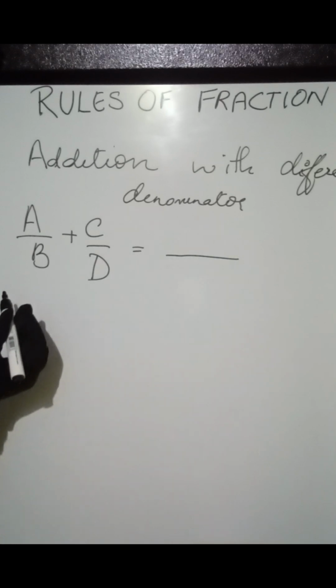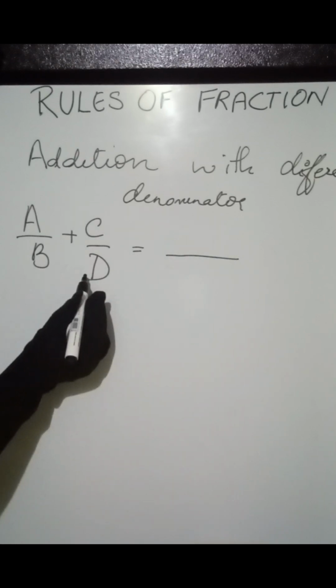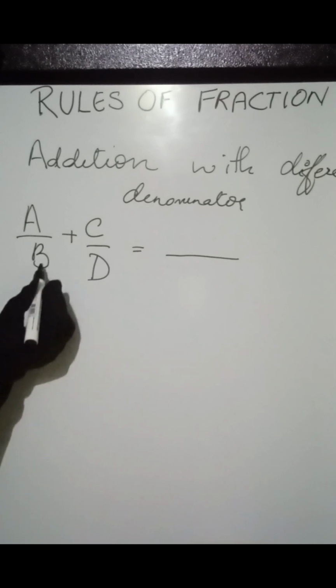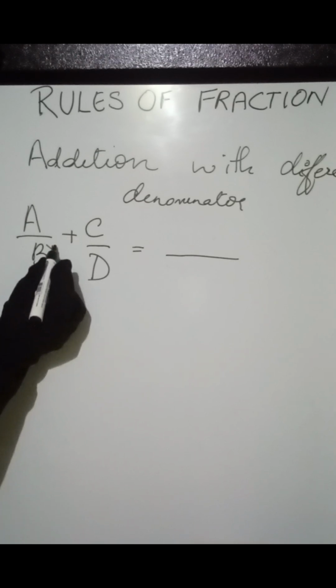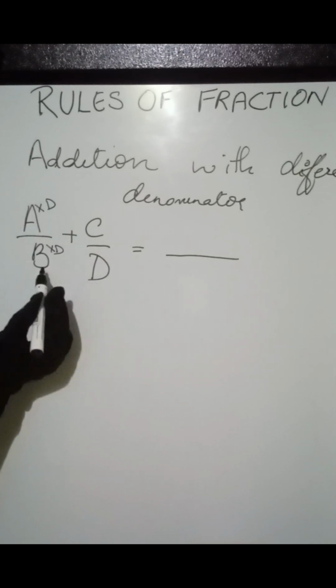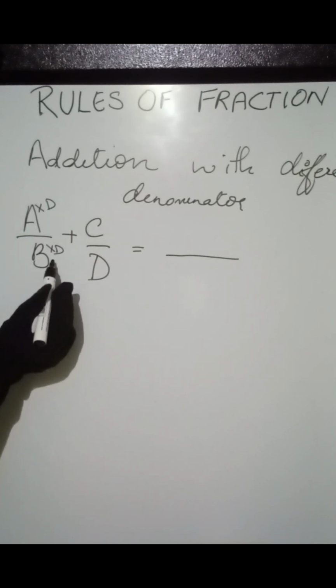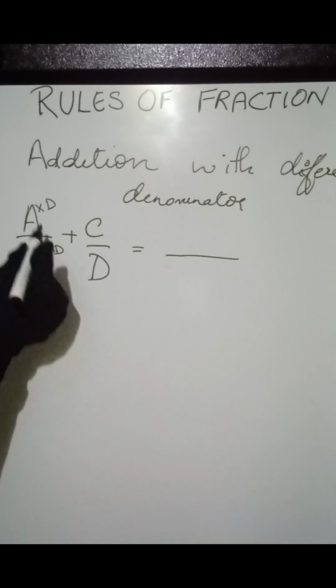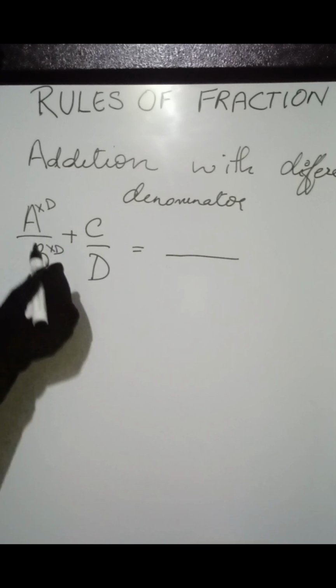So the common denominator for both would be BD. But to do that, you have to multiply B into D and A into D. Whatever you multiply in the denominator, you have to multiply the same on the numerator.